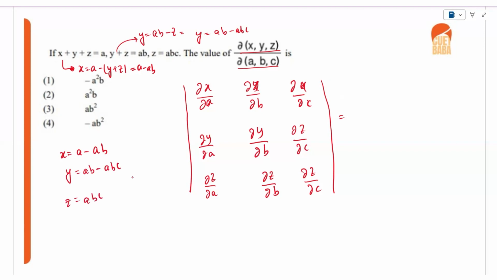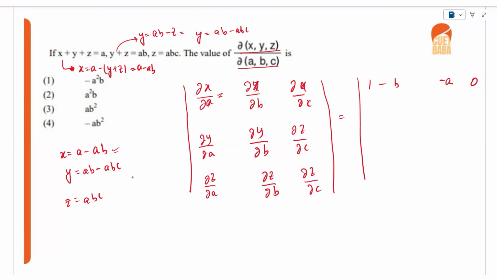Now we have to calculate the partial derivative of x with respect to a. So b will be treated as a constant, and the answer is 1 minus b. For this one, the answer is minus a, and for c there is no c term.